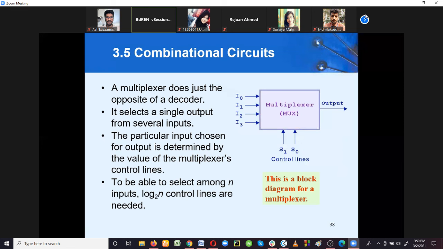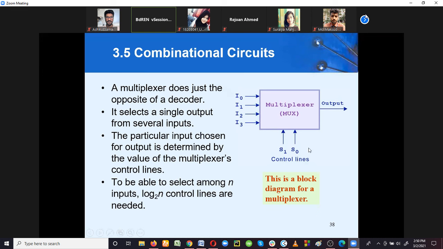Now read the multiplexer. What are the attributes? A multiplexer does the opposite of the decoder. It selects a single output from several inputs. The particular input chosen for output is determined by the value of the multiplexer's control line.